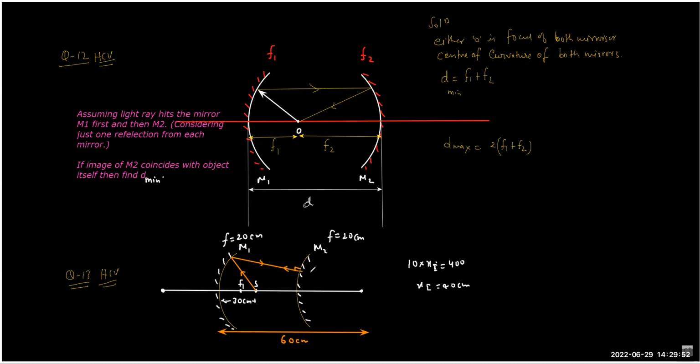If I extend this line, it must be the center of curvature of the mirror, and this must be 40. So this must be 40 from there. Then only it is possible. Then the image will coincide with the object itself. It will just retrace the path and come back there.